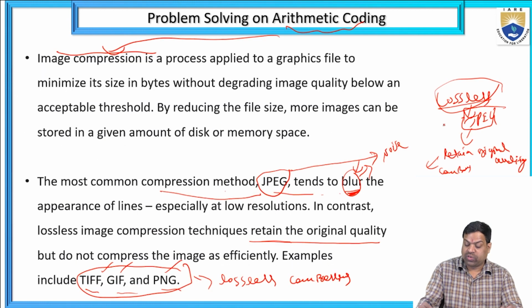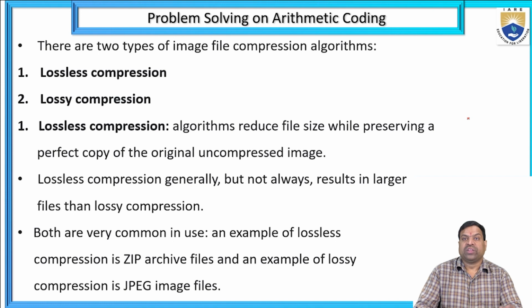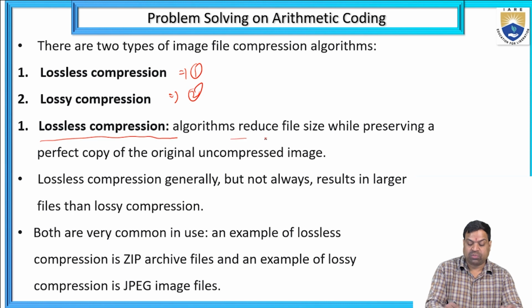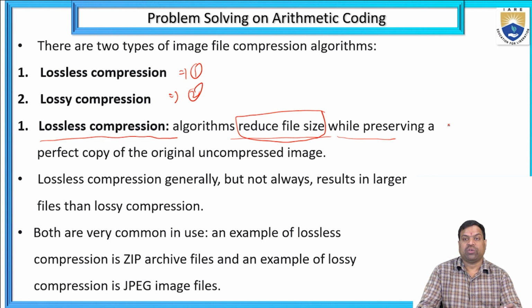When I go for JPEG, it is lossy image compression. There are two major types of image compression algorithms: lossless image compression and lossy compression. The lossless compression algorithm reduces the file size while preserving a perfect copy of the original uncompressed image.